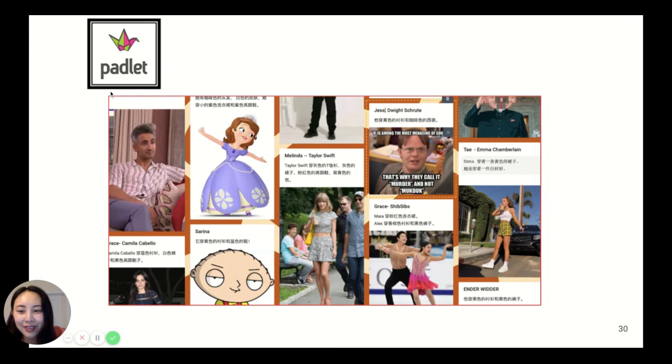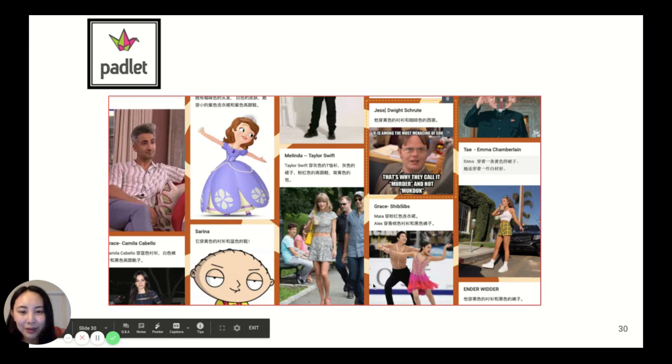And on Padlet, students can make their thinking visible and also share their thinking and their resources with others easily. So this is for the clothing unit. I asked students to find a celebrity of their own choice. It can be a cartoon or it can be a real person.